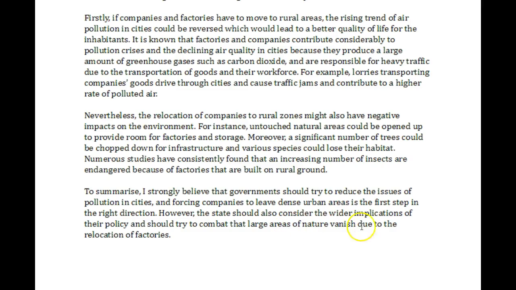However, the state should also consider the wider implications of their policy and we already have a should here, so after the and we don't need another one. The state should also consider the wider implications of their policy and try to combat the risk that large areas of nature could vanish due to the relocation of factories.